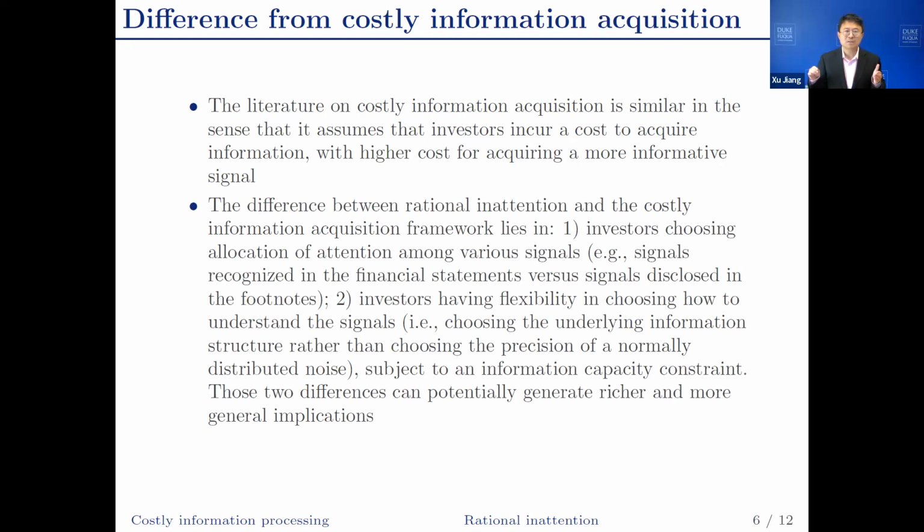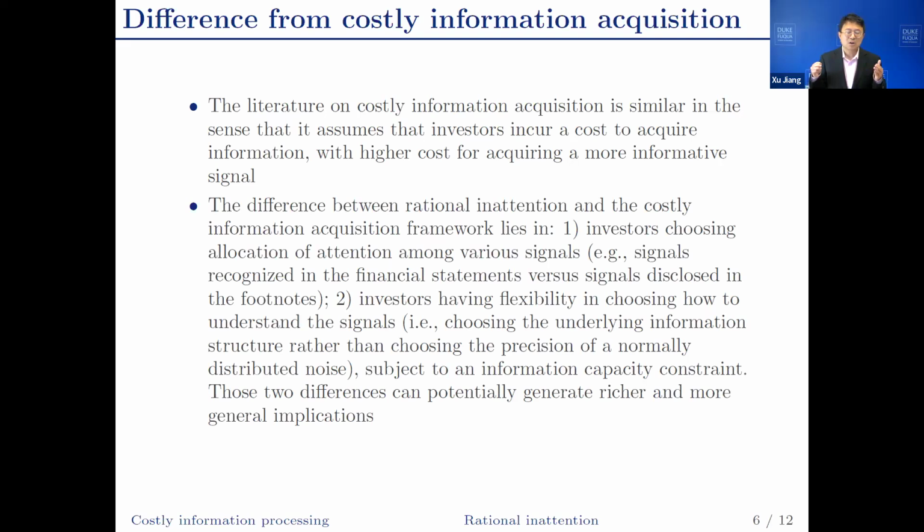The first aspect is that in the rational inattention literature, investors choose the allocation of attention among various signals. For example, signals recognized in the financial statements versus signals disclosed in the footnotes. The second aspect is that investors have flexibility in choosing how to understand the signals. So investors choose the underlying information structure.